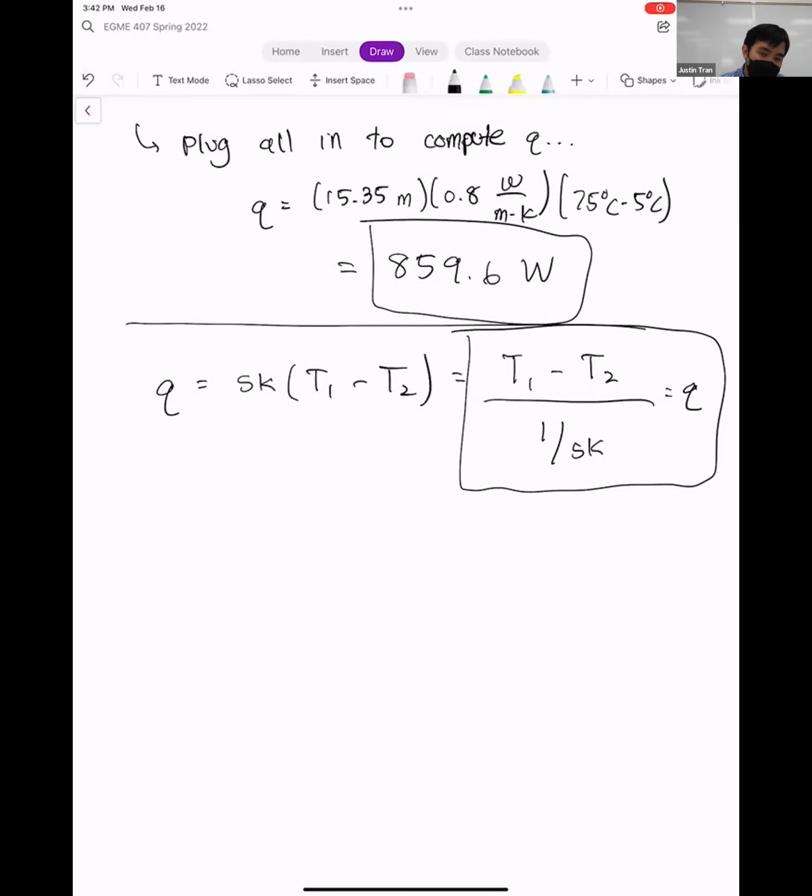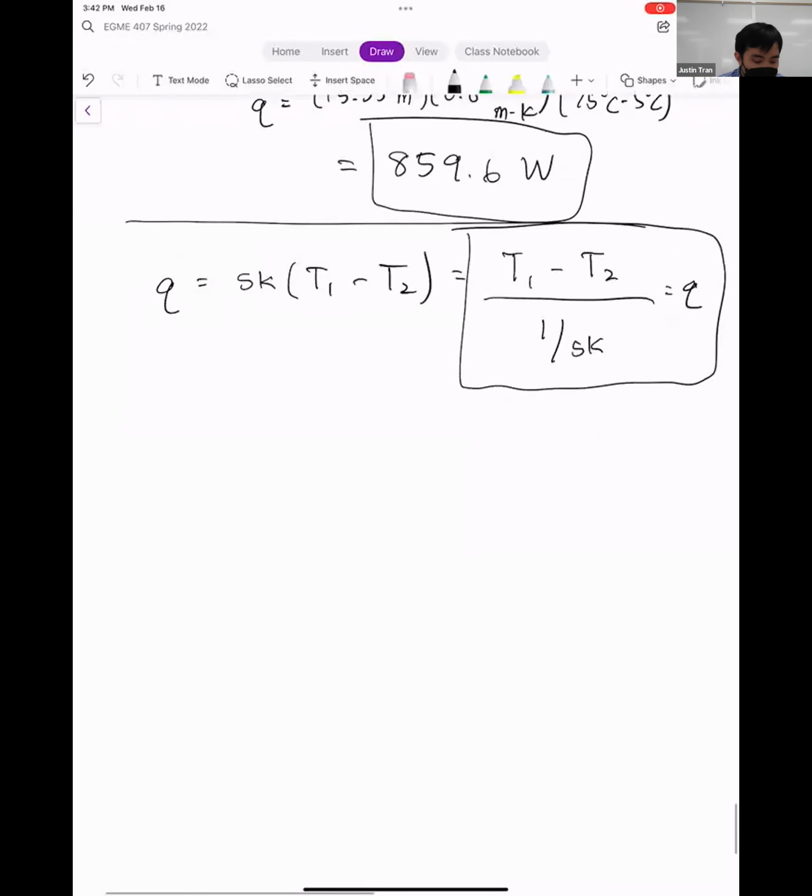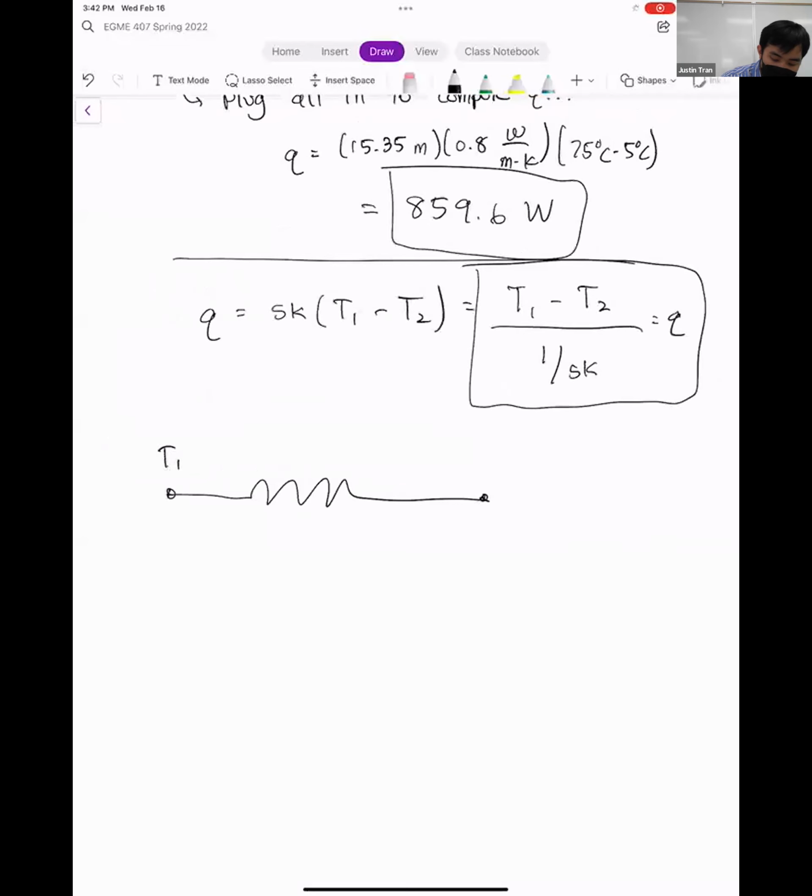I just rearranged the terms a little bit. Why did I bother to put 1 over SK in the denominator? The reason is to make it look like something that we've been working with a lot this semester. If we think of our thermal circuits, right?